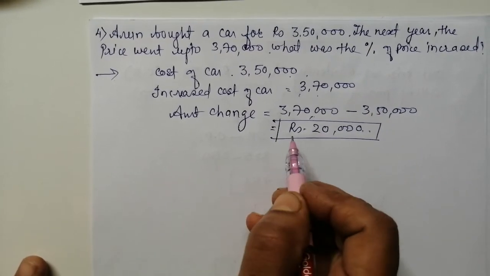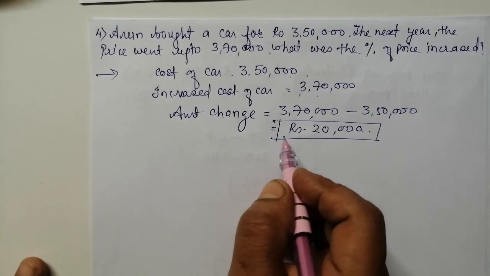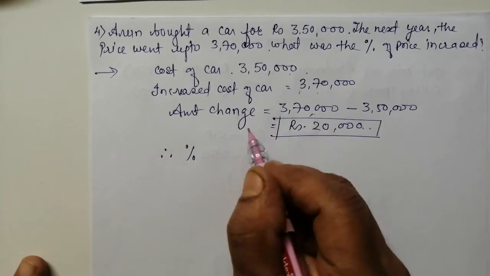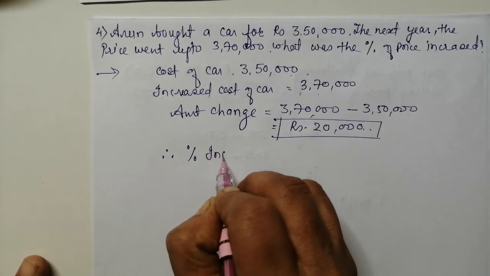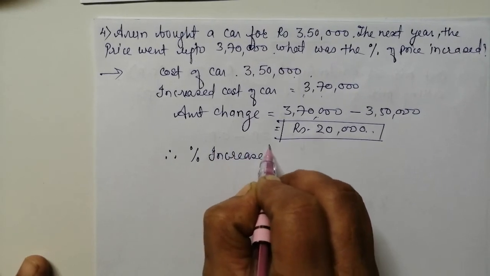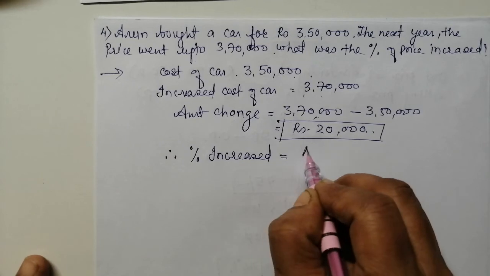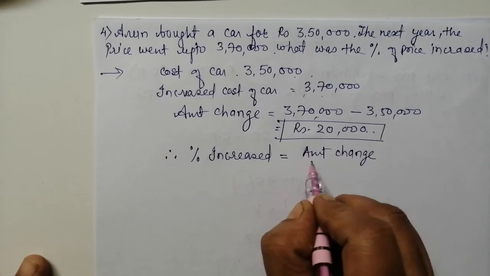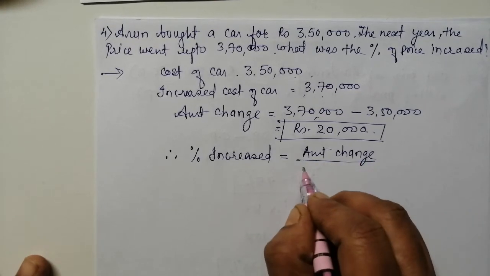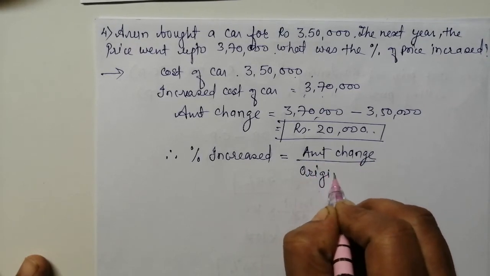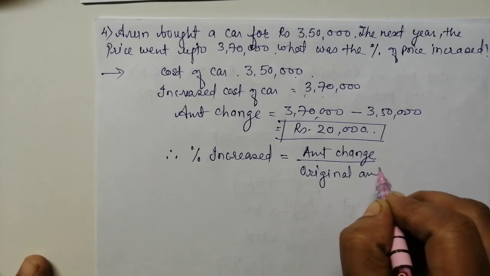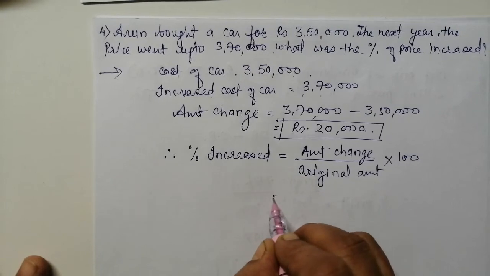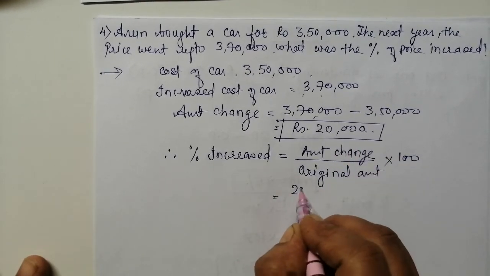Okay, now since the amount is increased by 20,000, therefore the percentage of increase is equal to the amount change, that is 20,000, divided by its original amount and multiplied by 100. The amount change is 20,000.